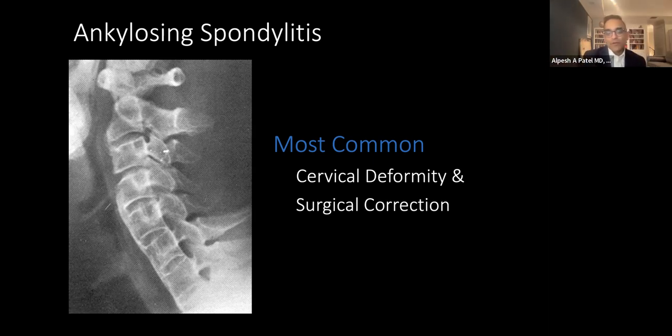And that theory is out there, but whenever we see their spines, they don't look like compressed vertebral bodies. They look like nice squarely shaped vertebral bodies, but with this bridging bone. So I don't know that we have a good answer why this happens in ankylosing spondylitis, but it certainly does happen, for sure. And it's a thing you've got to consider if you've got somebody that you're seeing with a substantial deformity.